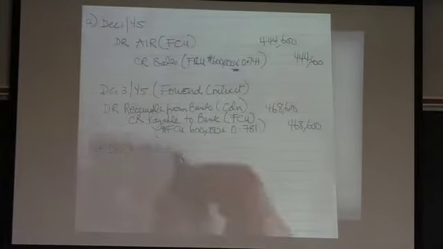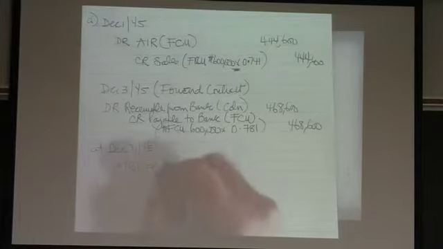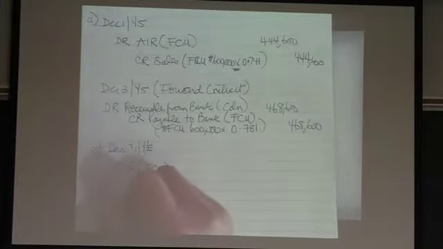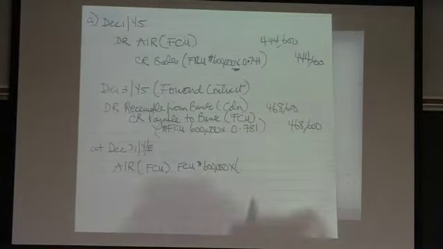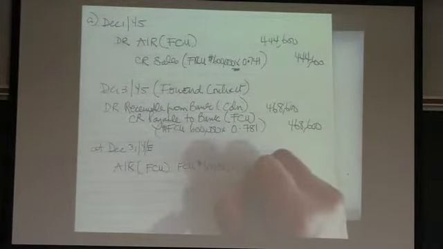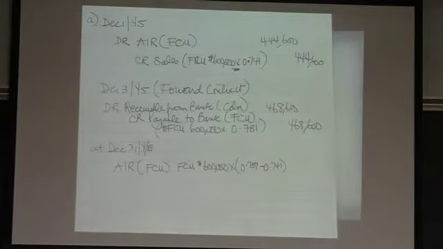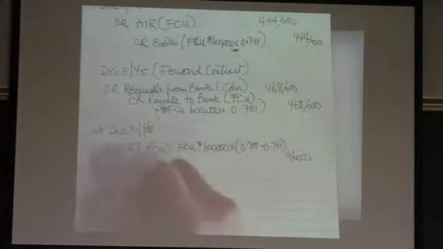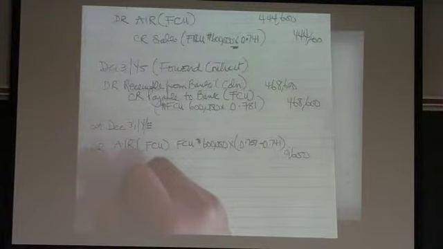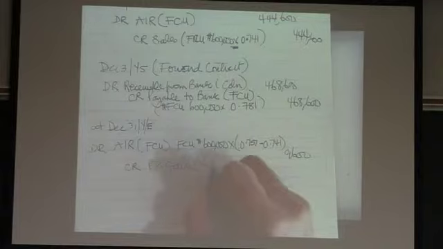So there's a gain. So debit AR, and that's foreign currency unit 600,000 times the difference between the current rate 0.757 minus 0.741. And that translates to 9,600. And we're going to credit FX gain. An FX gain is part of regular income.